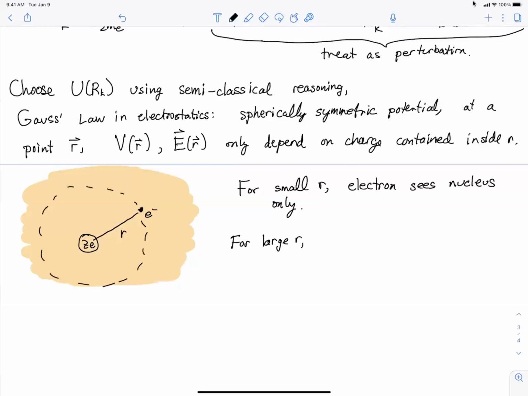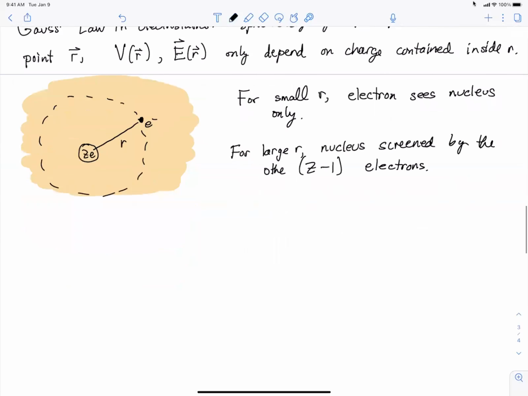And so for large r, the nucleus is screened by the other Z-1 electrons. It's Z-1 because we're not counting the electron that you are when you are deciding what your potential is. Okay, so that motivates the following choice for U of R.